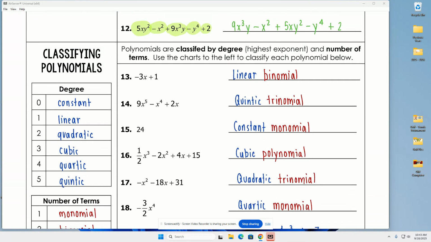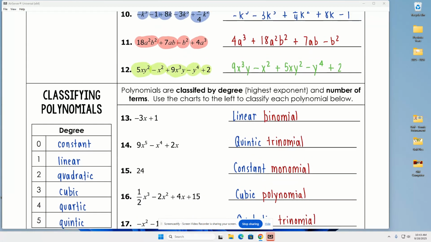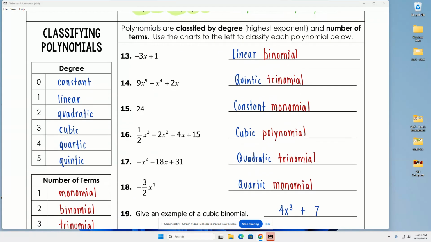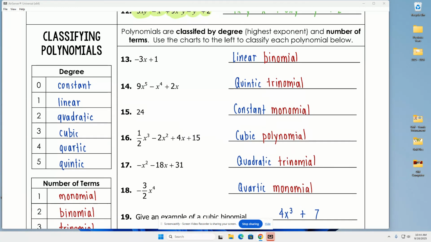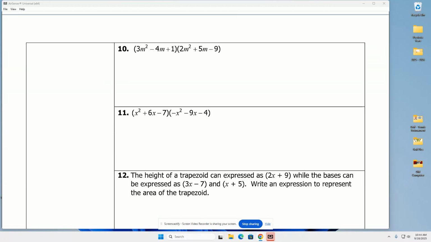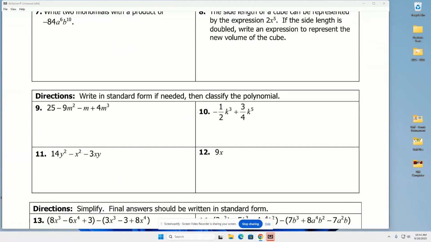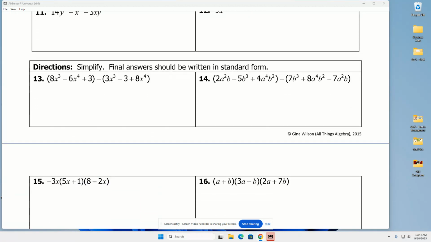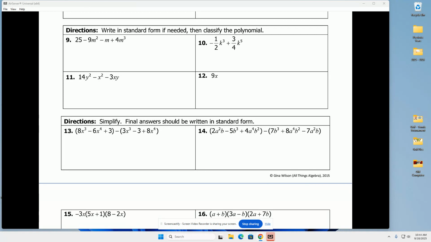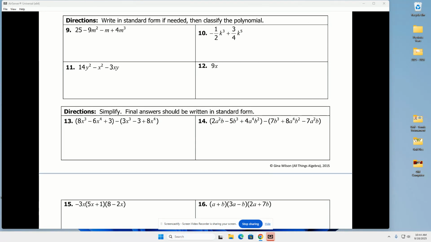So, we classified polynomials. We wrote polynomials in standard form, and we classify polynomials by their degree, their biggest exponent, and by their number of terms. So if you go to that third page where you had a homework assignment last night, I want you to do numbers 9 through 12.